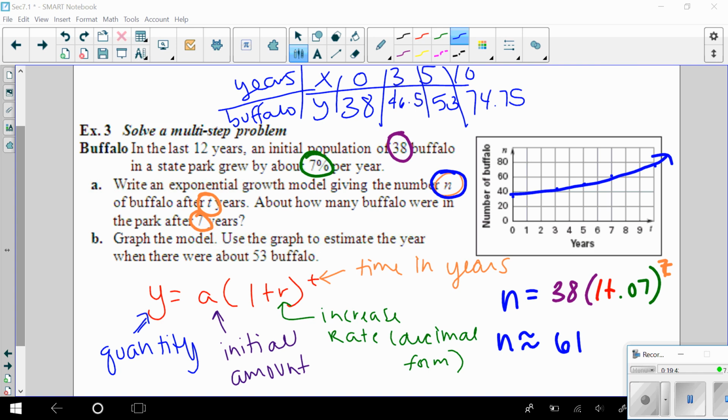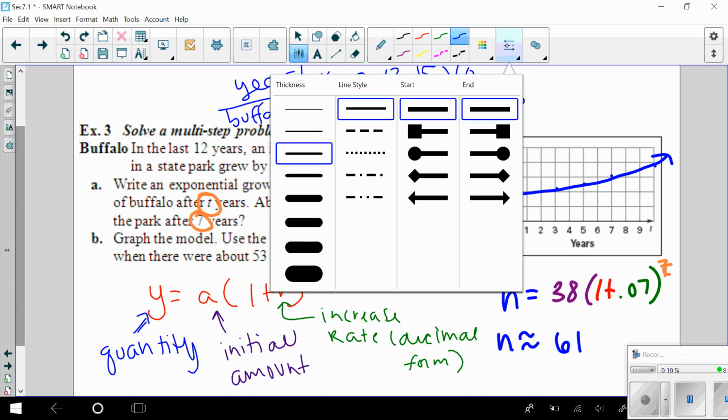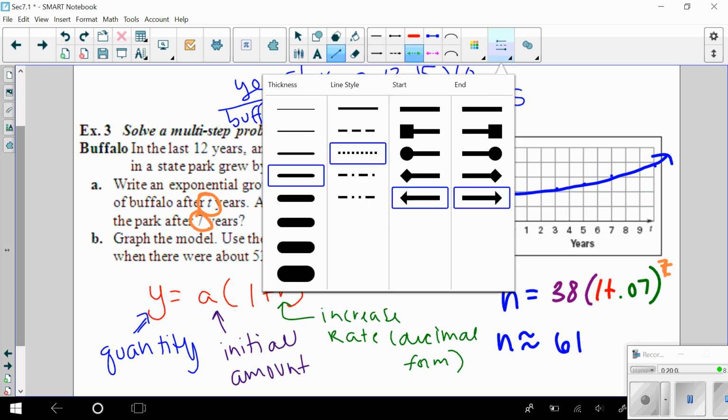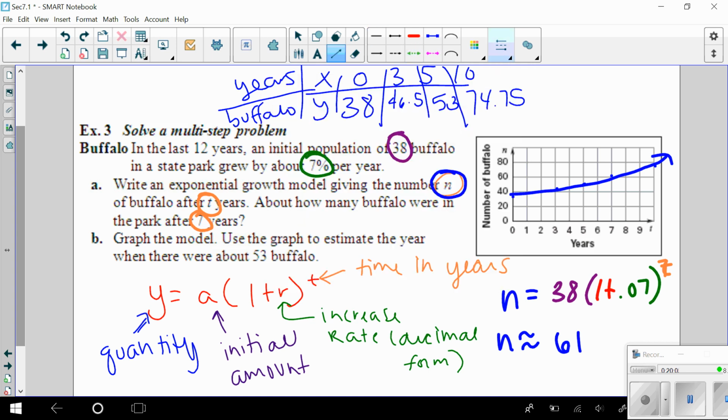So again, you want your curve to be as smooth as you can and make sure that it hits all of the points that you've plotted. So then it says to graph the model and use the graph to estimate the year when the buffalo was about 53. So I'm just going to draw a line here at about where 53 would be. So it'd be pretty close to here.